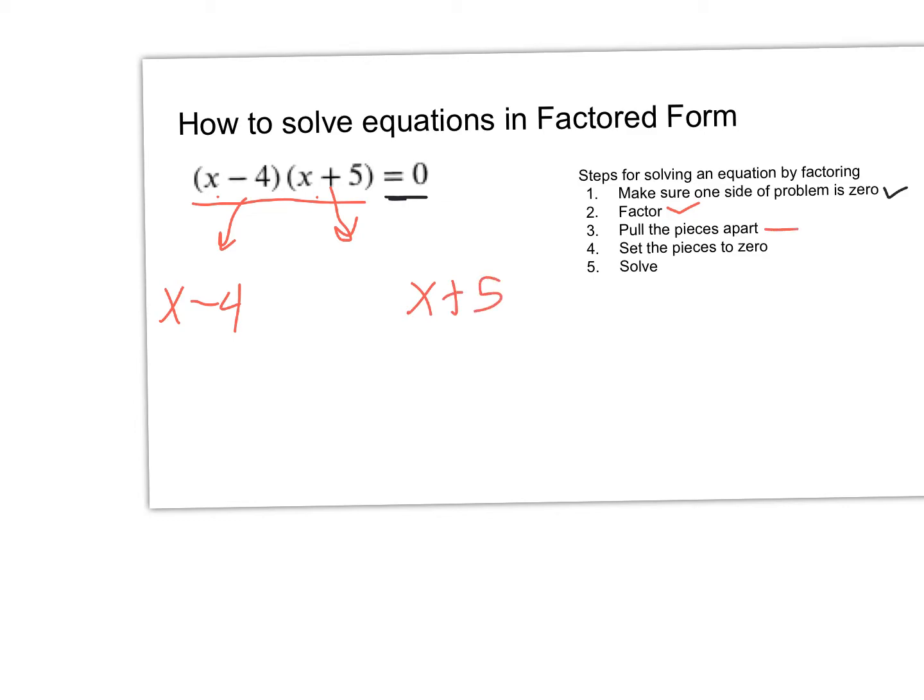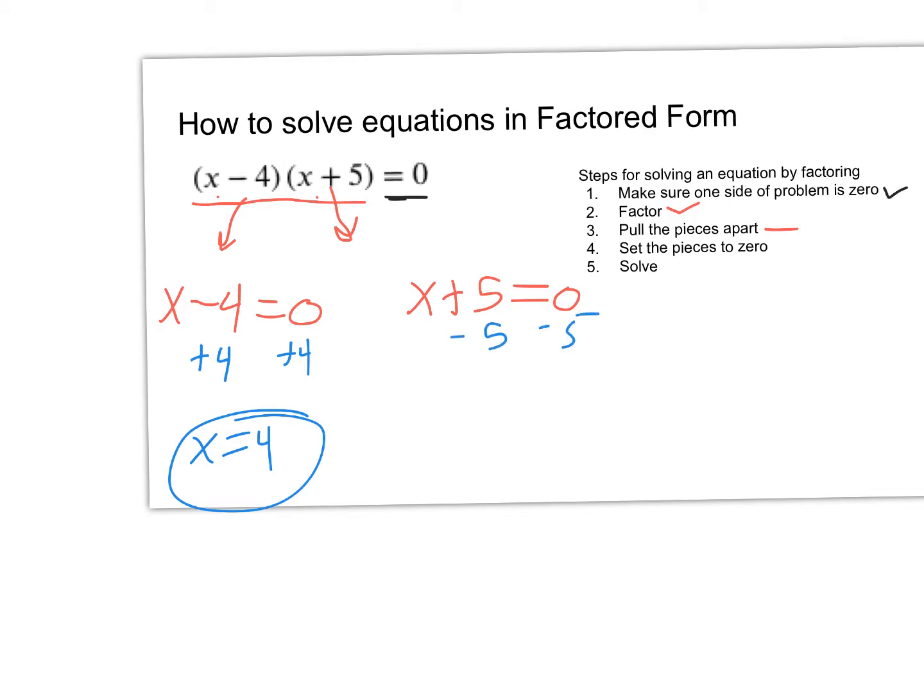Set the pieces to 0, equals 0, equals 0. And solve. So here, we're going to add the 4 here. X is equal to 4. Here, minus the 5. X is equal to negative 5. And there's your solutions. Piece of cake, right? All right, let's move on.